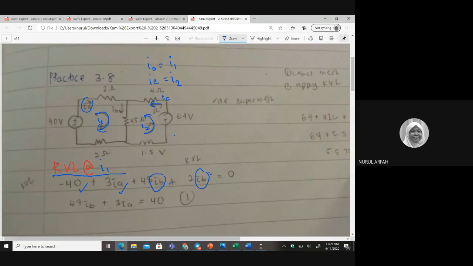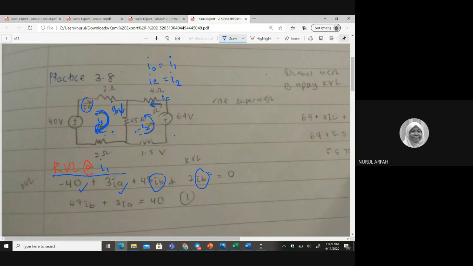I think maybe you think that this current is actually this current. No, this IB is actually sharing between two loops here. The current IB here is shared between this, because why? Because this 45 ohms is in the middle of these two loops. So the current flowing through this is actually imbalanced in between I1 and I2.